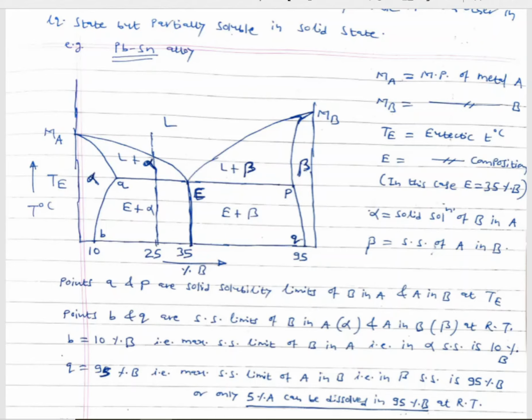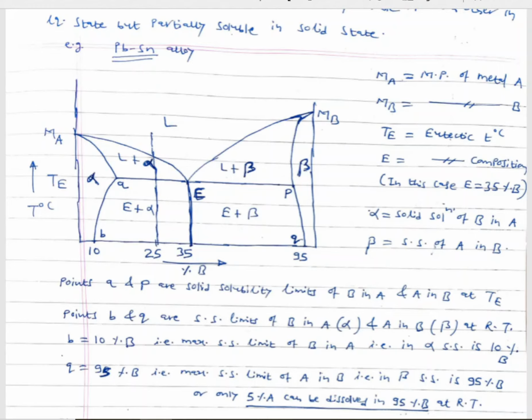It is 10%. It means more than 10% B, with the remaining 90% A, cannot be dissolved in the alloy system. This is the maximum solid solubility of B in A at room temperature.